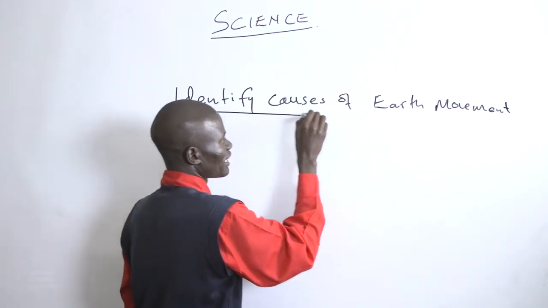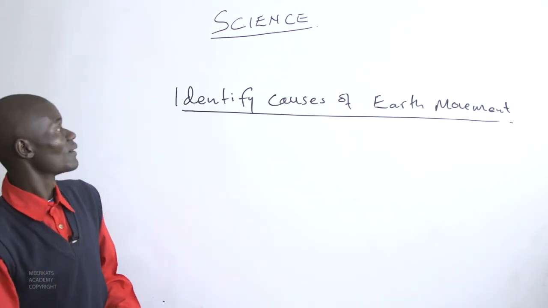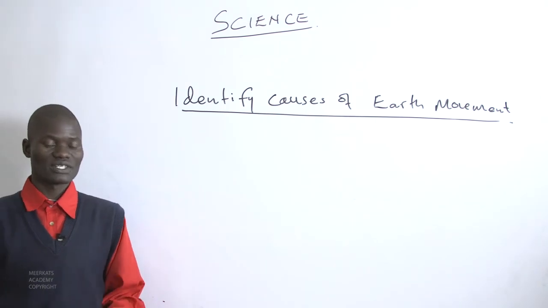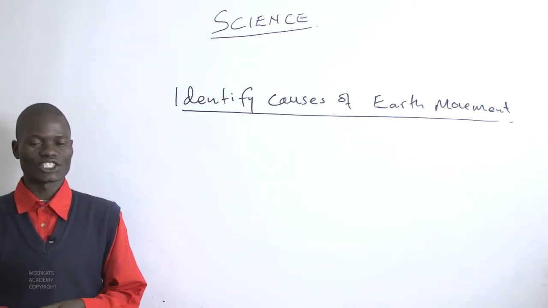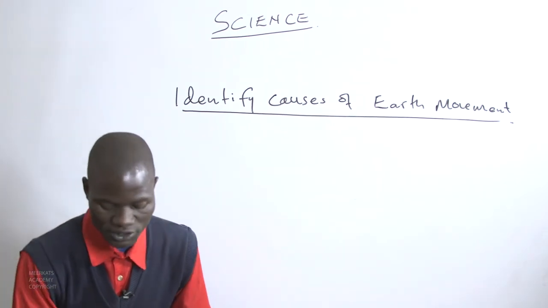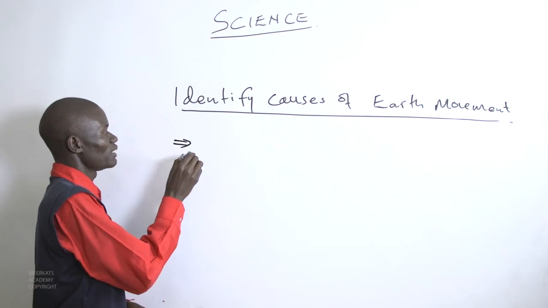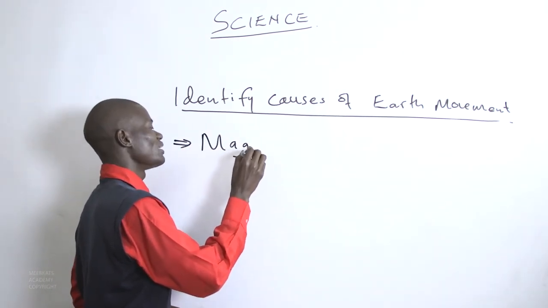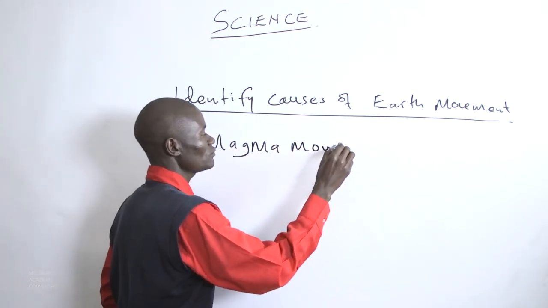That is where we had looked at, and when you are asked to identify the causes of this earth movement in relationship to the plate tectonics, you are able to identify them. I had suggested, and we had learned, that one is magma movement within the crust.